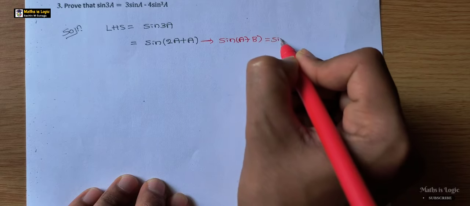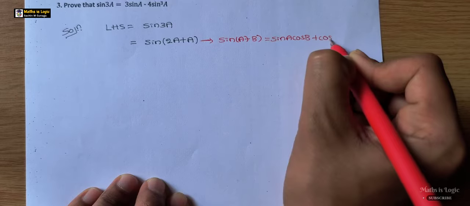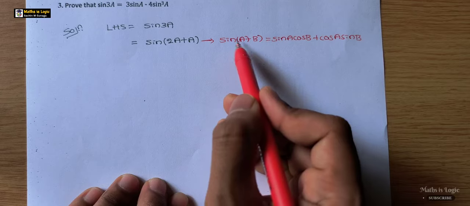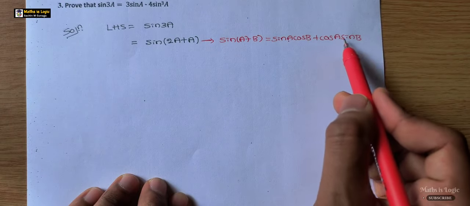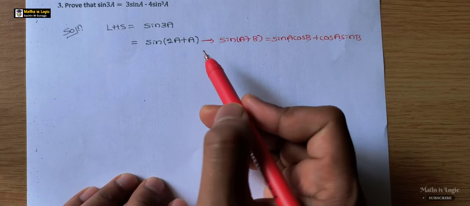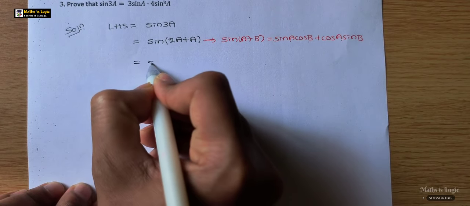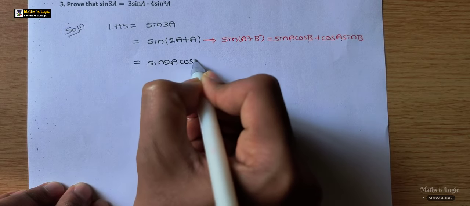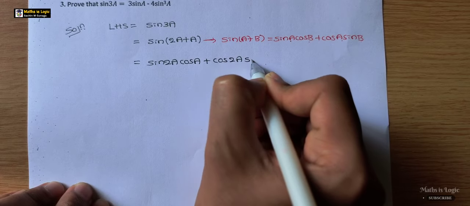What is that? Sine a cos b plus cos a sine b. Remember, a means 2a, b means a. Wherever a comes, replace it by 2a, and wherever b comes, replace it by a. So this becomes sine 2a into cos a plus cos 2a into sine a.